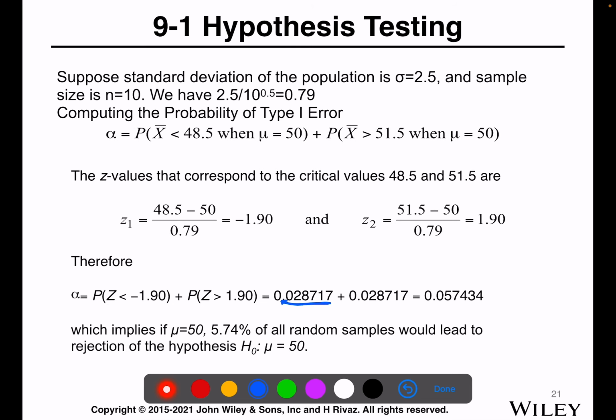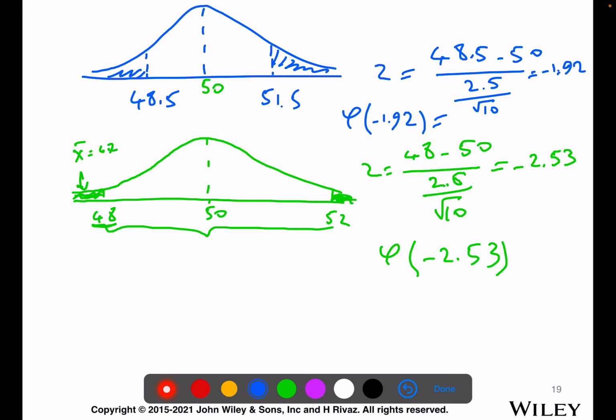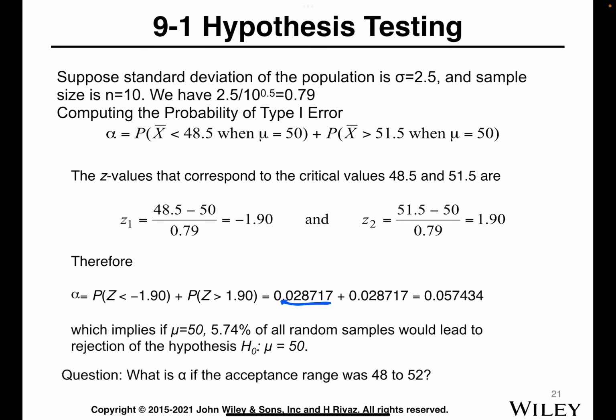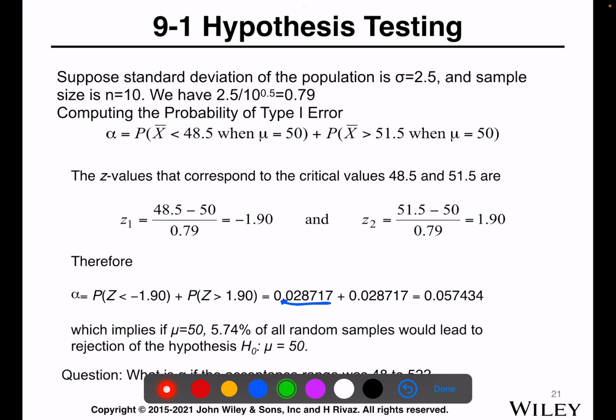This guy, right? 0.028. So this guy was 0.0287. And did you look at this one on the table? Oh, I know the table. Yeah, so this one from the table, since the question already gives us the answer, this guy is going to be this divided by 2 if you look at the table.